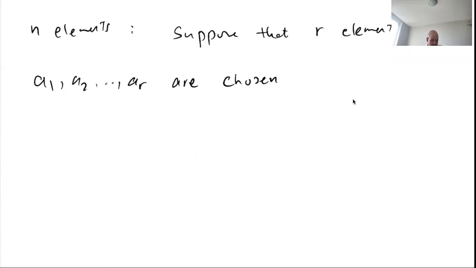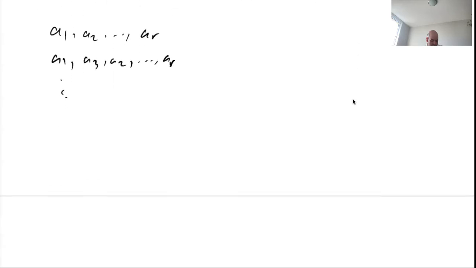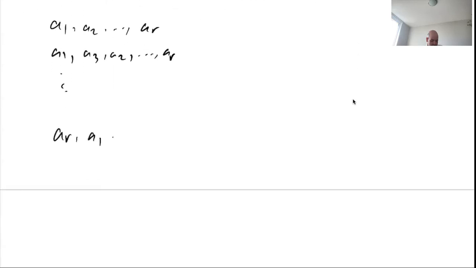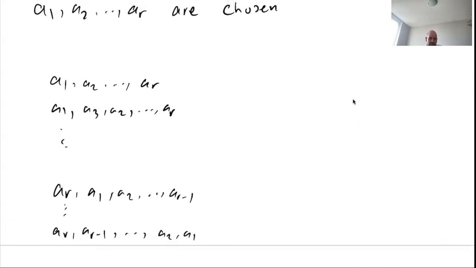When we talk about P(n,r), for example, A1, A2 to Ar, or A1, A3, A2 to Ar, or Ar, A1, A2 to A(r minus 1), or A(r minus 1) to A2, A1, all these will be different when we talk about permutations.